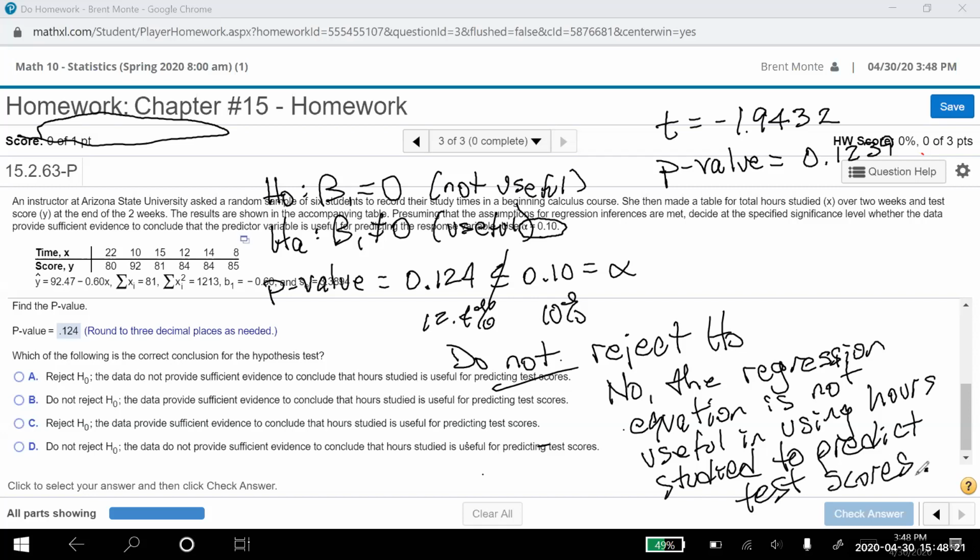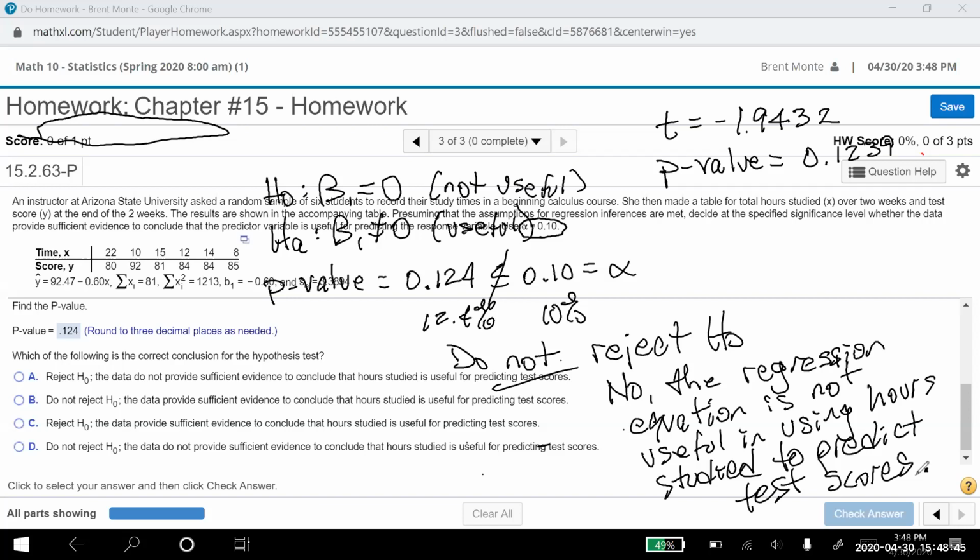All right, so let's look at what they give us. A says reject the null hypothesis. We know that can't be it because we didn't reject. B, do not reject the null hypothesis. So far, so good. The data provides sufficient evidence to conclude that our study is useful. No, that's the conclusion if we reject. C says reject, so it must be D, do not reject.